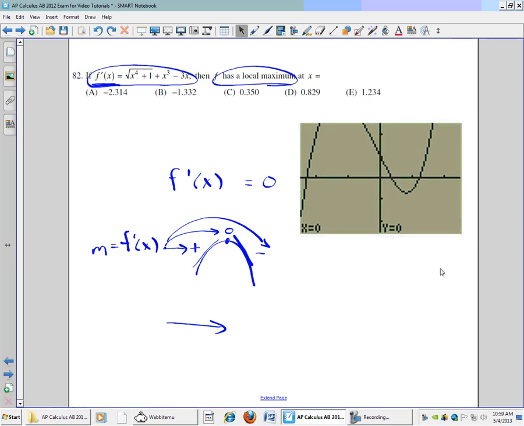Okay, now remember, this is the graph of the first derivative. This is f prime of x. That's the graph for f prime. So we said earlier, if we were looking for a maximum, then I would want the slope of the tangent line to be positive, then 0, and then negative.